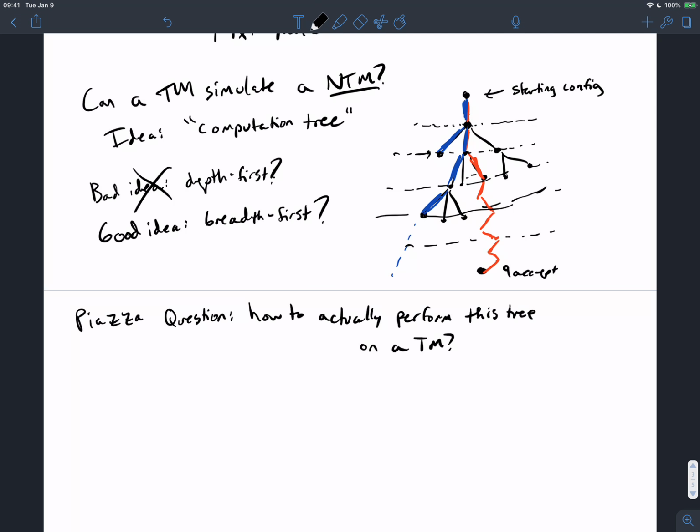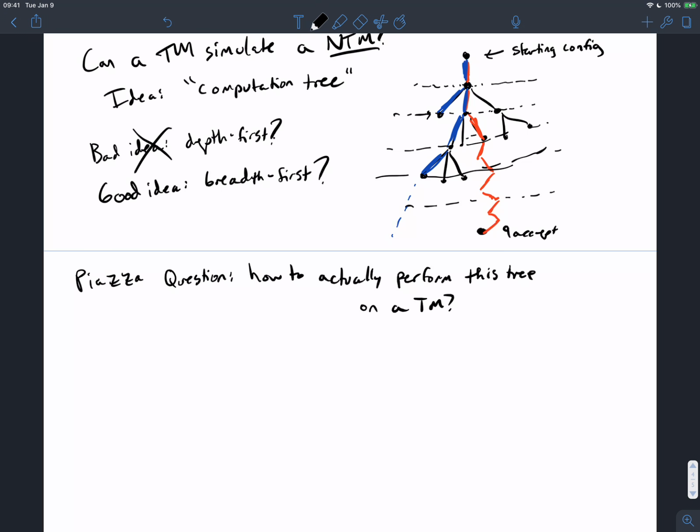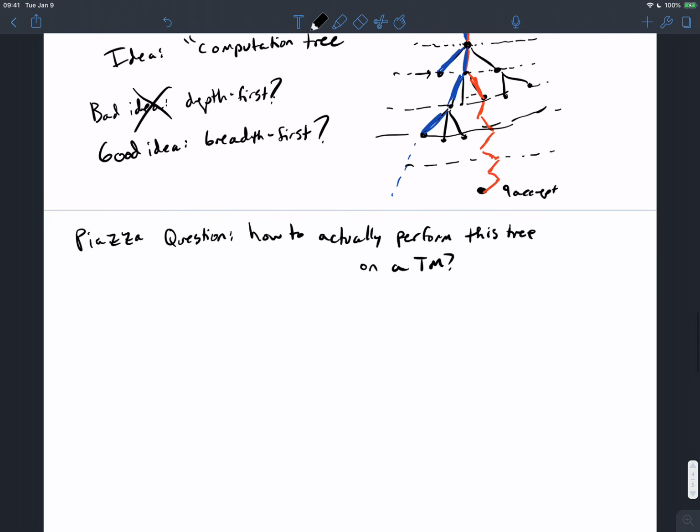There are some details that need to be worked out in how you actually store these configurations, and how to handle when you're finished with a layer and how to move on to the next layer. So I'll let you think about that and we can discuss on Piazza if we need to.